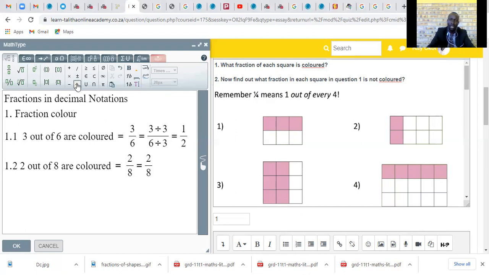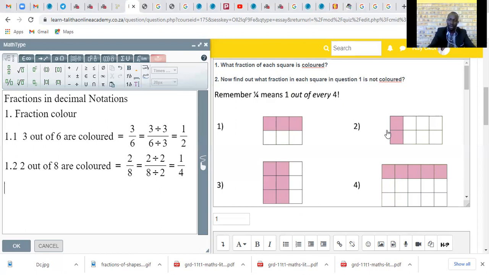What we get in fractional notation this time will be 1 for the numerator and 4 for the denominator. So this is the fraction of the squares which have been colored, meaning 1 out of every 4 squares is colored in question 1.2.